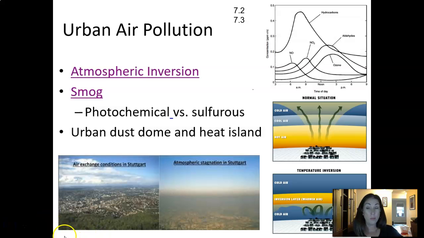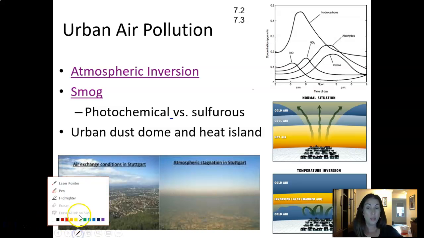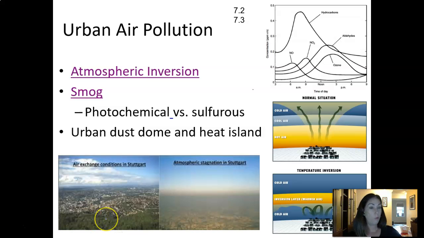Now this graph up here shows us why ozone doesn't form all day long. Up here in this graph, we have our hydrocarbons and our nitrogen oxides that tend to be released in the morning. So they start to build up in the morning, most often because of AM traffic.